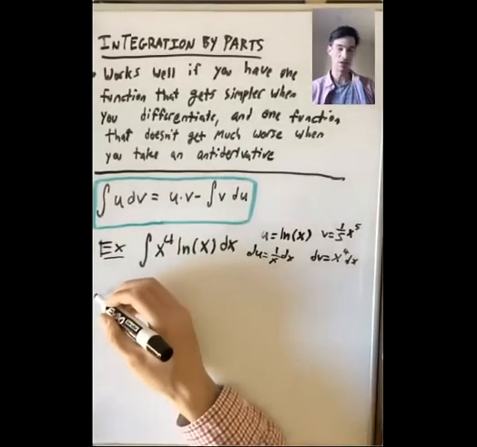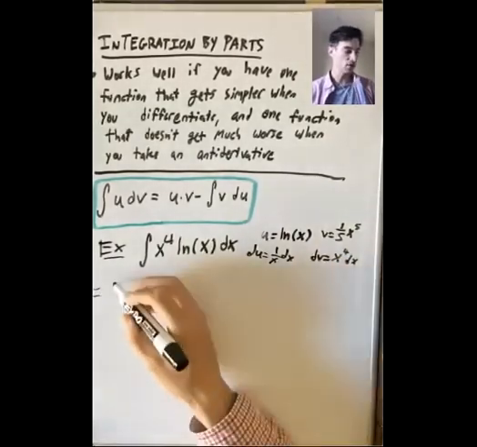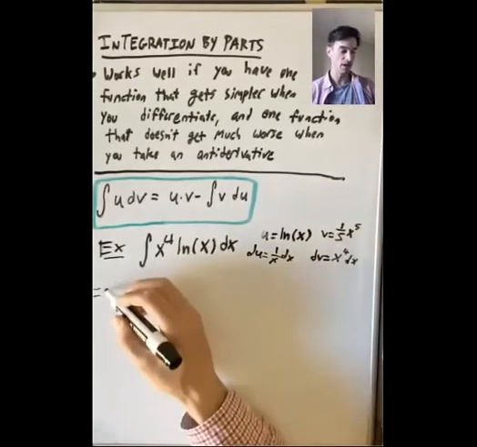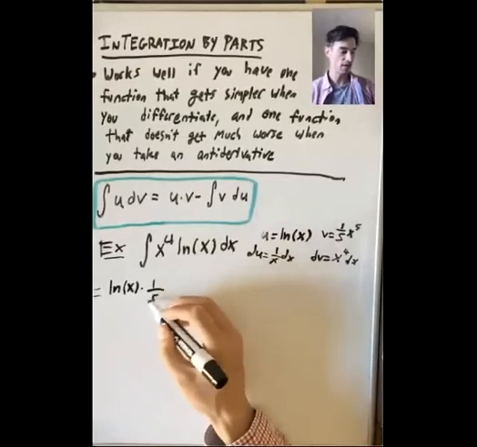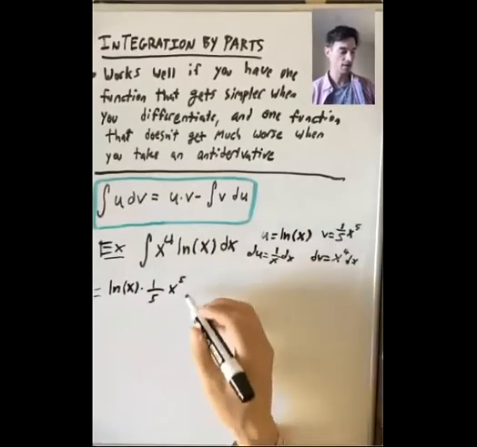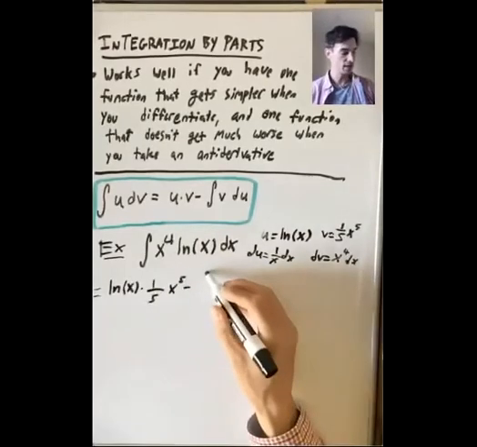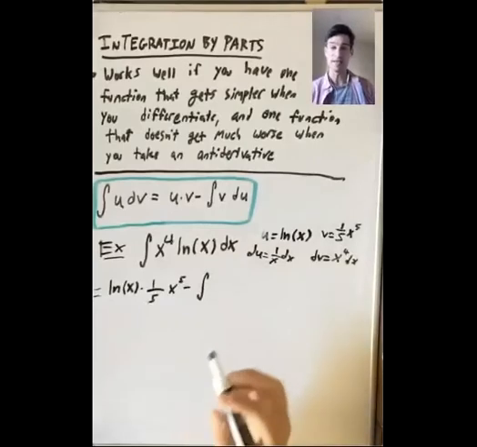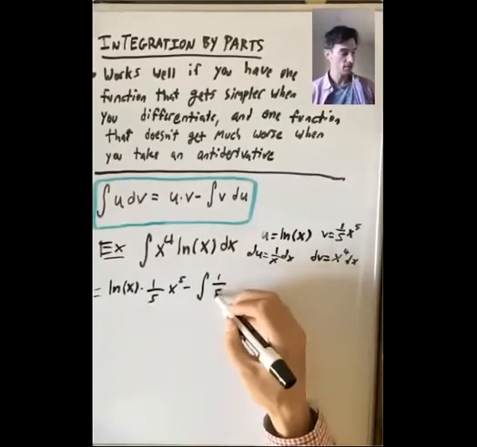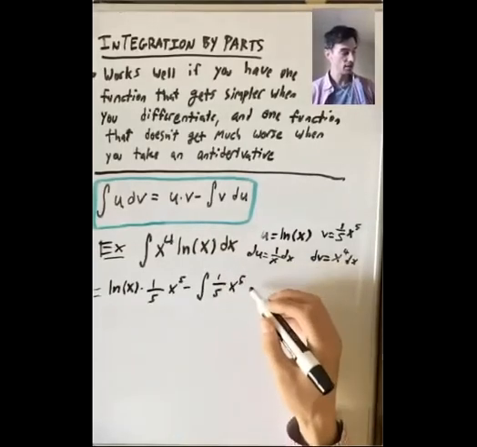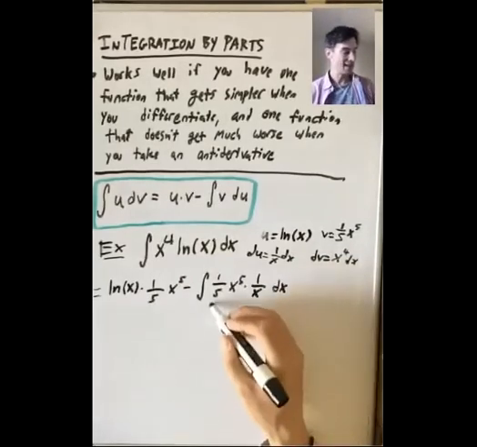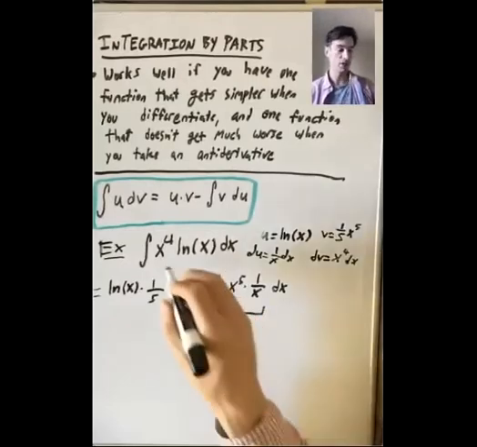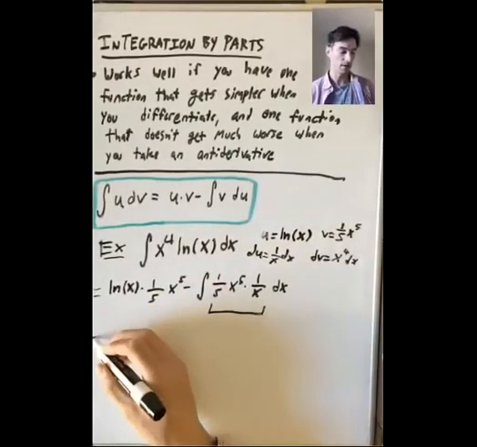So what does integration by parts say? This integral we started with is equal to u times v, natural log of x times 1/5 x to the fifth, minus the integral of v du, 1/5 x to the fifth times 1 over x dx. And this integral is much simpler than the one we started with.